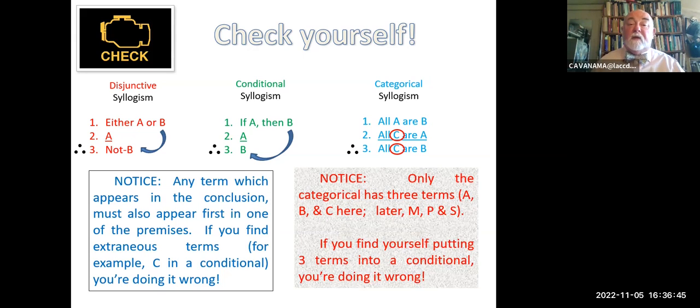There is. The conditional likewise, the categorical likewise. In the categorical, you're going to find the letter C as well as A and B. Your check engine light again should come on if you find yourself sticking extraneous letters into the disjunctive, or if you find yourself sticking in any more than three letters in the categorical.